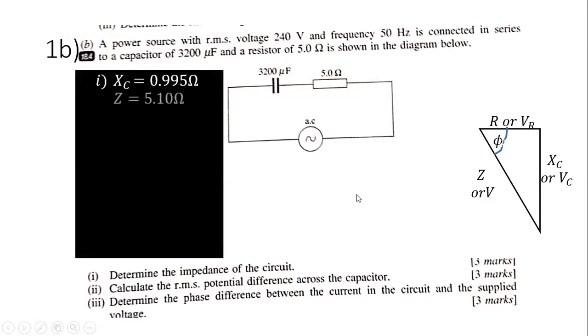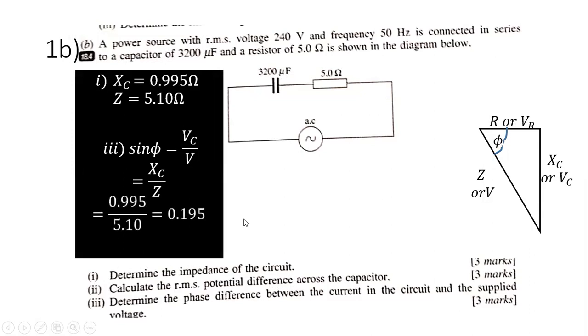So XC we have calculated, Z we have calculated. So you can use whatever you want, or R is also given. So sine, I use sine. So it's XC over Z. That's your XC. That's your Z.